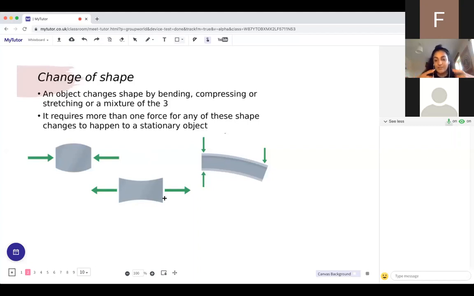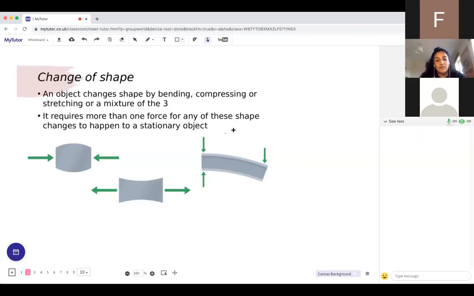And for the final one, bending, you can see that we need three forces. These green arrows represent where the force needs to be for these changes to happen.